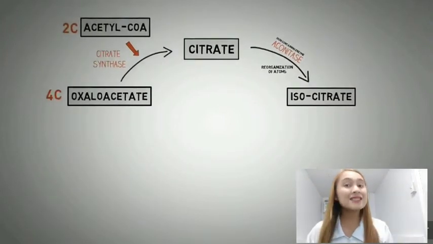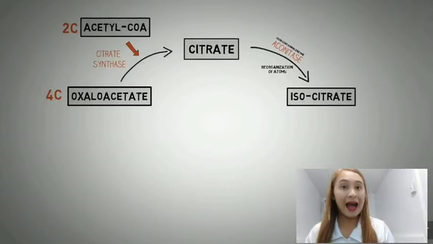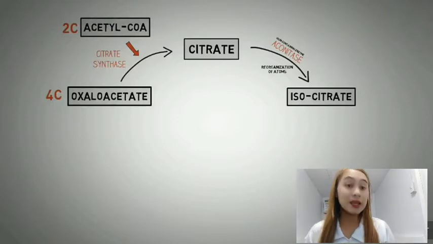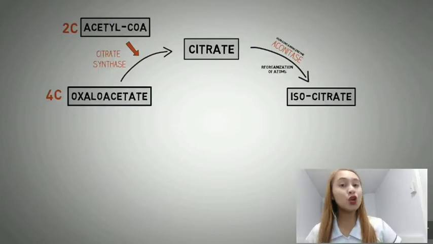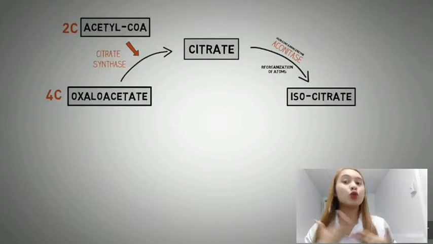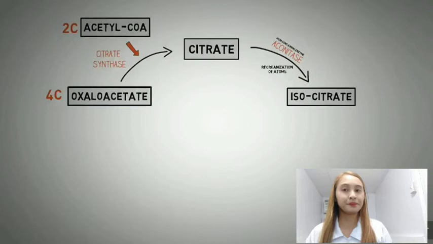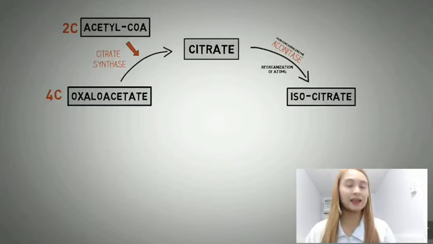Well, the answer is that the arrangement of atoms in the isocitrate is better suited to the next oxidation reduction reactions that are about to come in the cycle. So that is the explanation why the citrate needs to be rearranged.